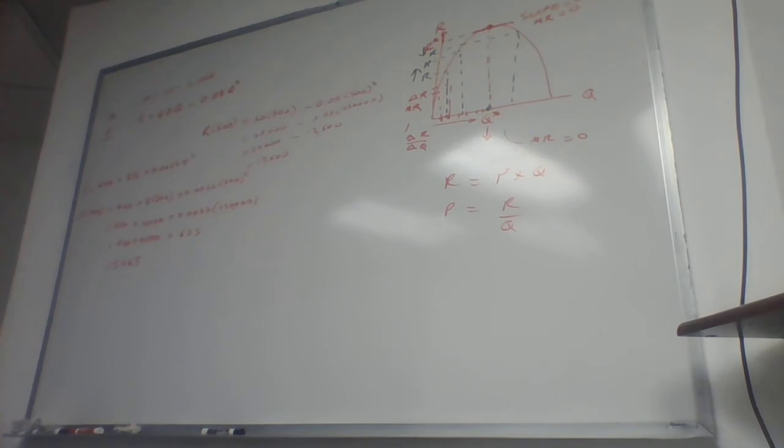So my costs are 5265, and revenue is 12,500. H is what? My profit function, which we looked at already.